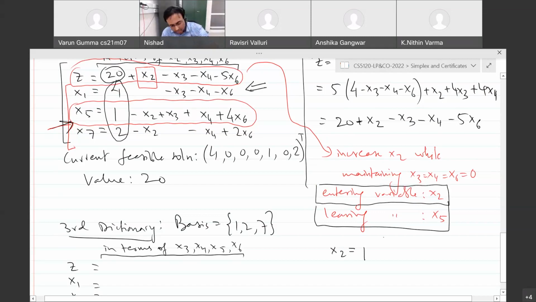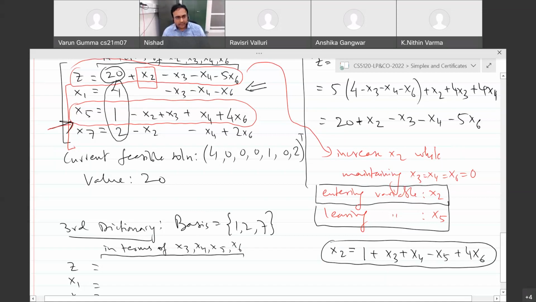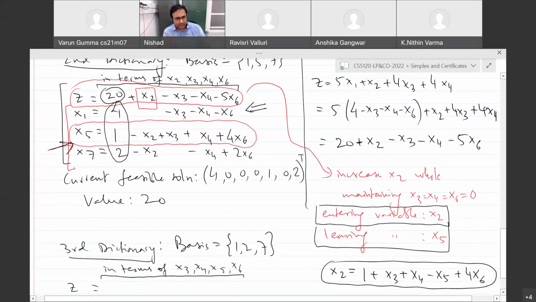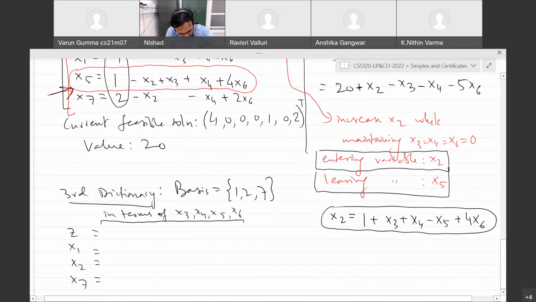So it's going to be 1 plus x3 plus x4 minus x5 plus 4x6. Right? And this we are going to substitute in all the other equations in this dictionary in order to write a new dictionary. Okay. In particular, this is already what we have written here.